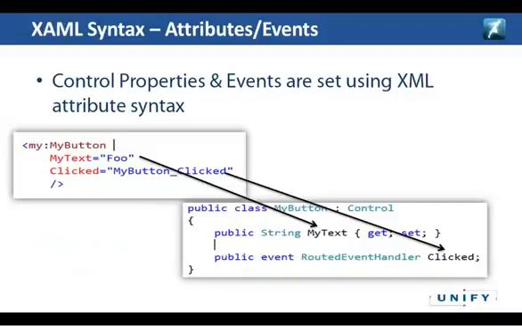The control properties and events are set using XML attribute syntax, and you can see that again here in the XML code on the left. You see the text of the button and the click event handler, my button clicked, and that then executes the click event handler.